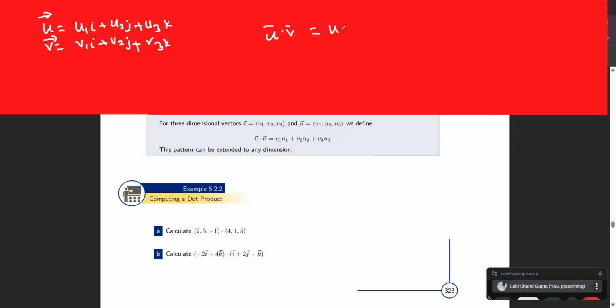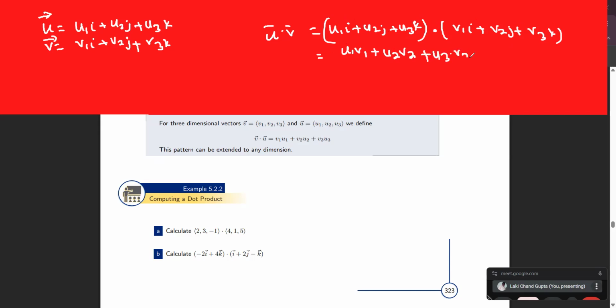Then what you have to do? u1 is multiplied with v1 plus u2 is multiplied with v2 plus u3 is multiplied with v3. This is your answer.